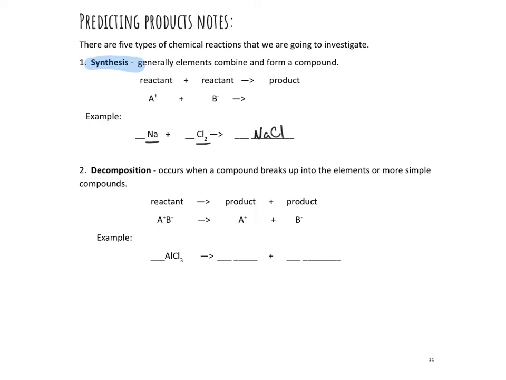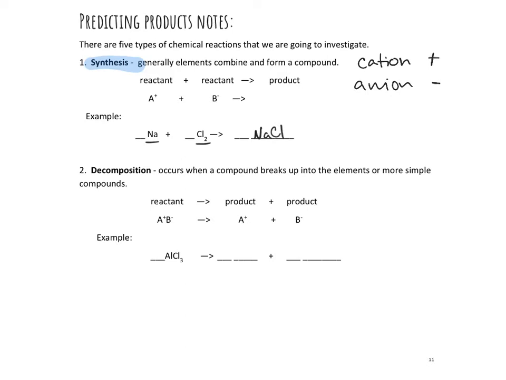And that's a really familiar compound to you. It's sodium chloride, which is table salt, which you have known for probably a while. Now, anytime that you do synthesis or any of these reactions and you have a cation, which is a positive ion, like sodium becomes a cation because its ionic charge is +1, and an anion, like chlorine, which has an ionic charge of -1.